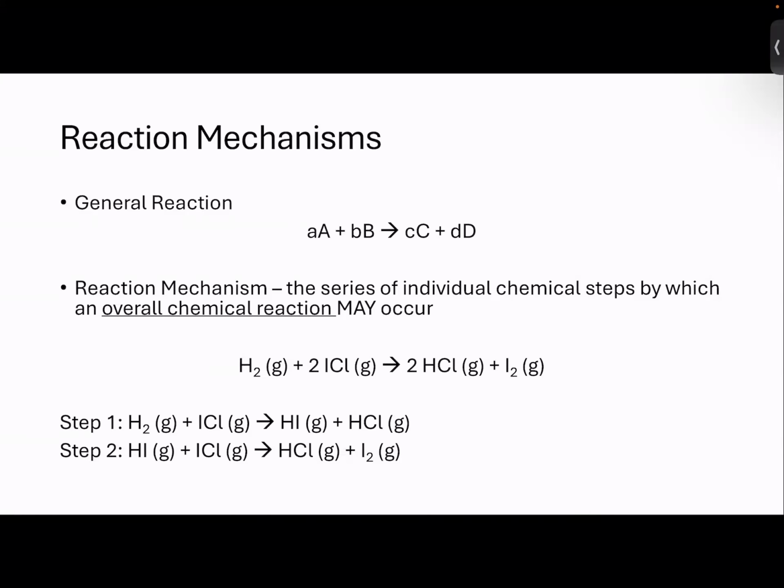Now, I'm going to introduce a lot of different terminology, and then I'm going to apply that terminology. But one thing you have to know about reaction mechanisms is that a reaction mechanism is an educated guess as to what's occurring in the reaction.